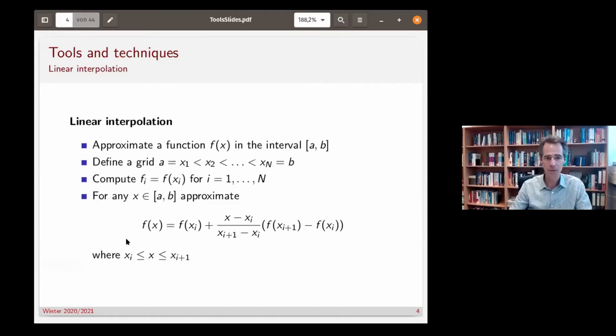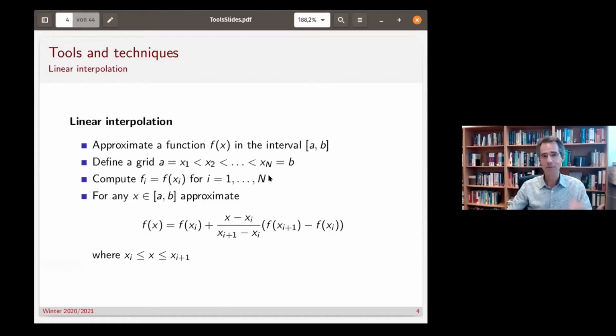But let's assume for the moment that we do know the interval where we should approximate the function f of x. Then what we do for linear interpolation is quite simple. We set up a grid starting from x1 up to xn, from the left side to the right side of the interval. Often this grid will be equidistant, but that's not really necessary. Then we compute the function at each grid point. Let's call them fi. So fi is the functional value at position xi for any i.